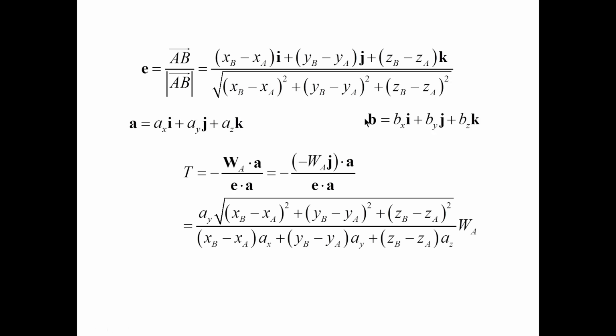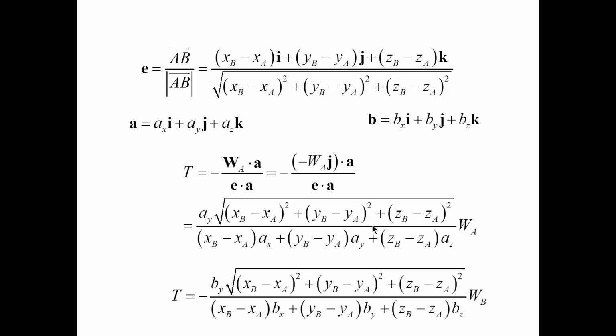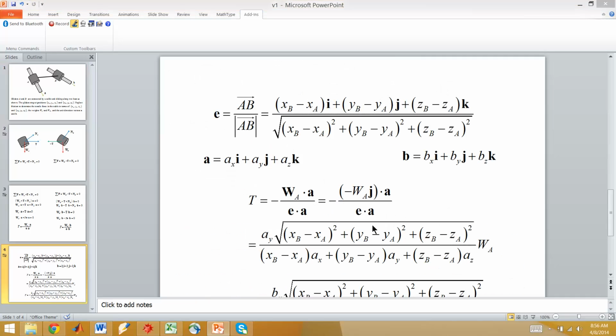Now I can evaluate the first expression, T equals minus W dot A, which is minus WA J dotted with A, divided by E dot A. This gives me this answer, and I can do exactly the same for the second glider and calculate the tension T using the second glider in terms of the weight WB. Thank you.